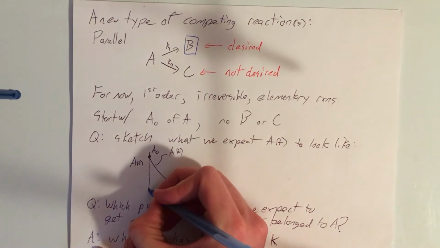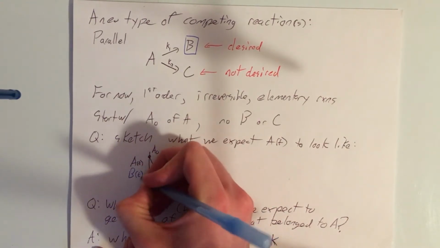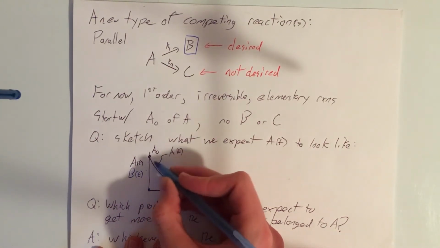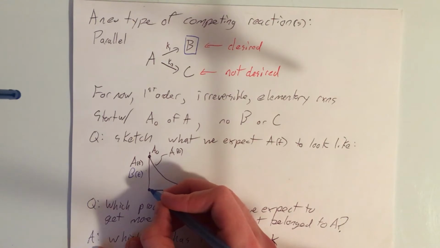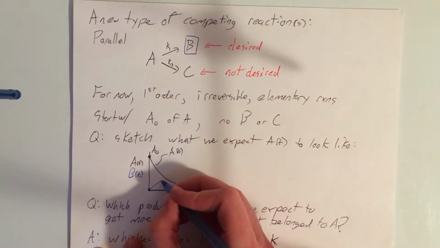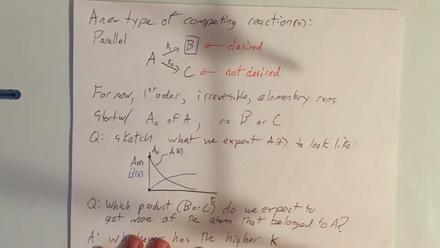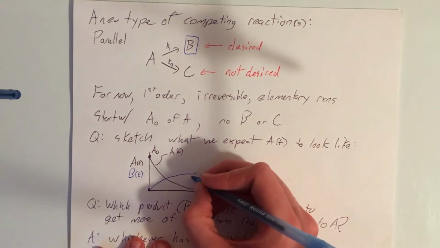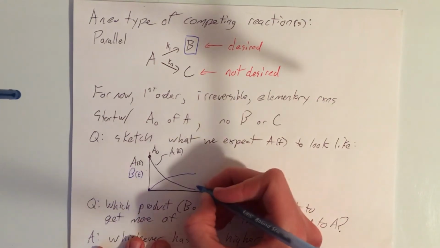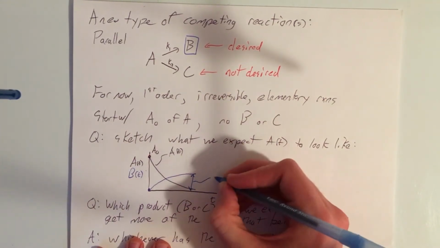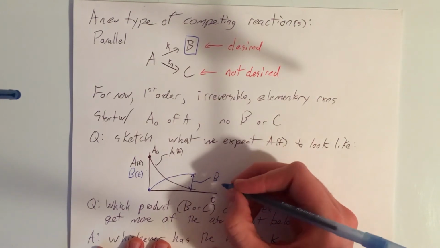We know B has to start at 0, and we know that its rate of production is probably highest at the beginning when the rate of depletion of A is highest. But eventually it's going to asymptote to some value, and the amount of B that we ultimately end up getting once A is all depleted is, let's say, our B final.